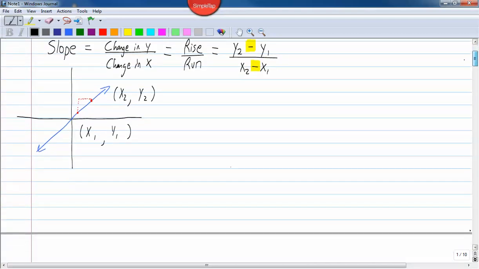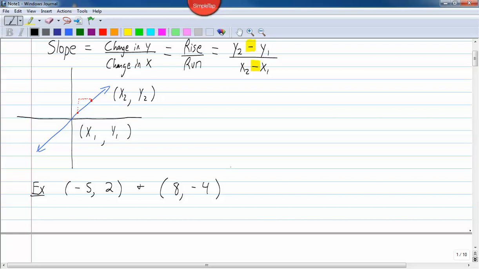Alright, so what I usually do, let's say that I was given 2 points on a line and I want to find the slope. So I'm just going to make up some points. Negative 5, 2, and 8, negative 4. Let's say that I had a line that goes through those 2 points, and I want to know what is the slope of that line.